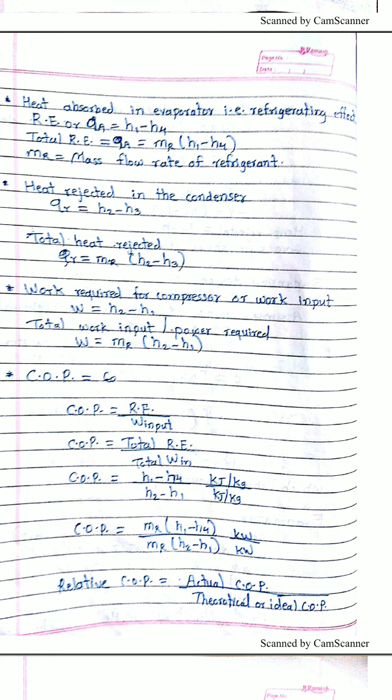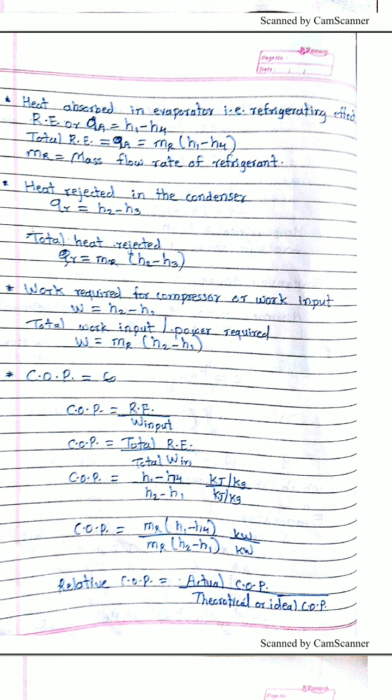If some mass is given, then the total refrigeration effect QA is equal to MR into (H1 minus H4), where MR is the mass flow rate of the refrigerant. This heat absorbed in the evaporator is also called the refrigeration effect, MR into H1 minus H4. Now again we have to calculate the work input.